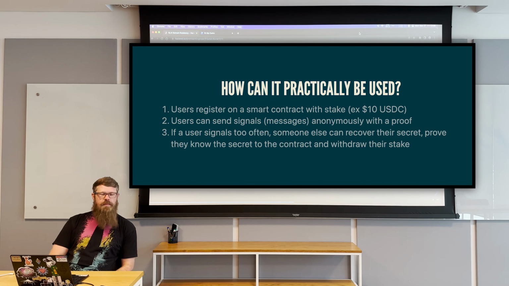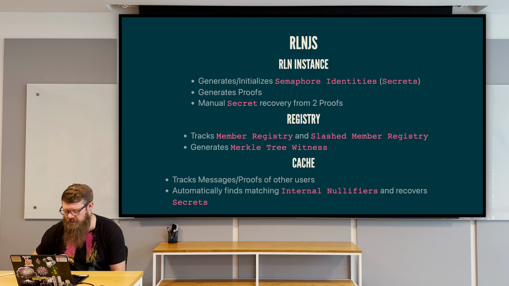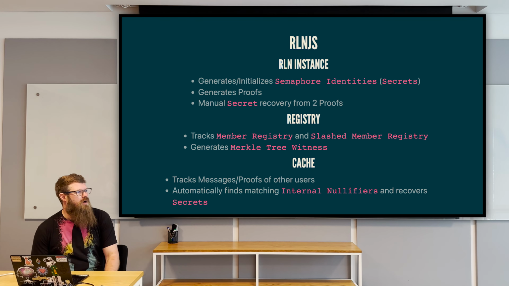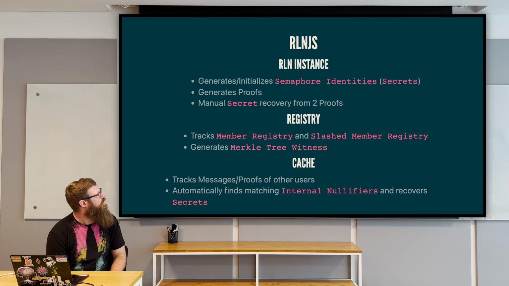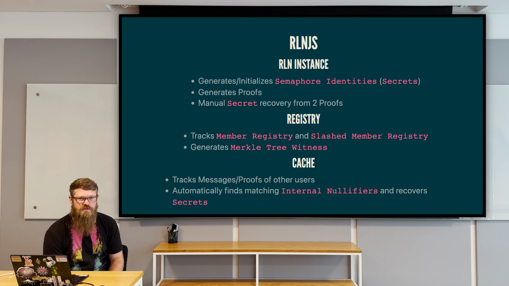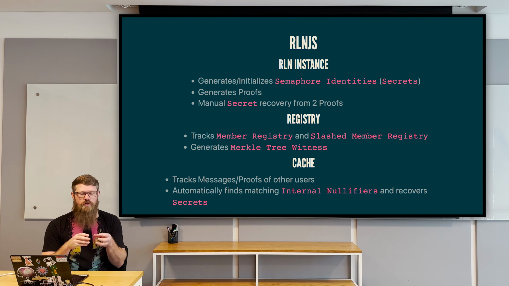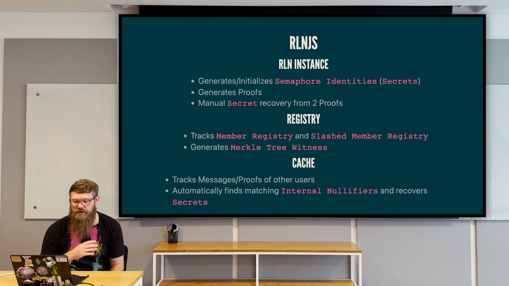All right, and then building blocks. We have constructed this JavaScript library, RLNJS, which is still a lot in the works. Things are changing, but the rough idea is you have some instance that handles your actual identity and generates proofs for you, and has some utility functions like manually recovering someone else's secret.